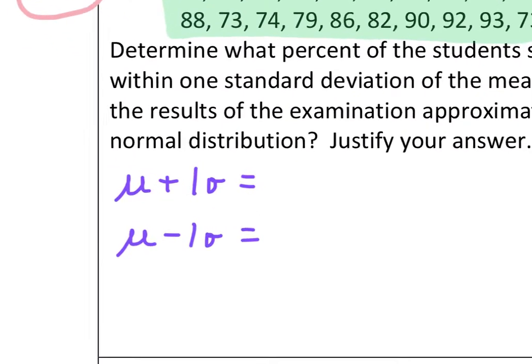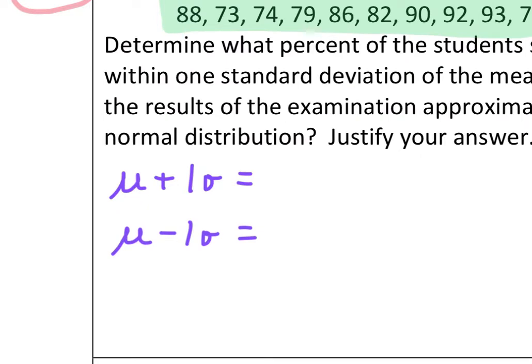And you should get, for the mean plus one standard deviation, 88.41. And for the mean minus one standard deviation, you should get 70.99.